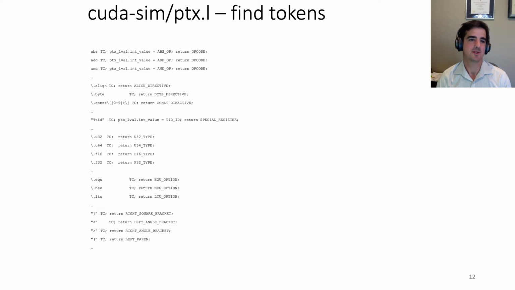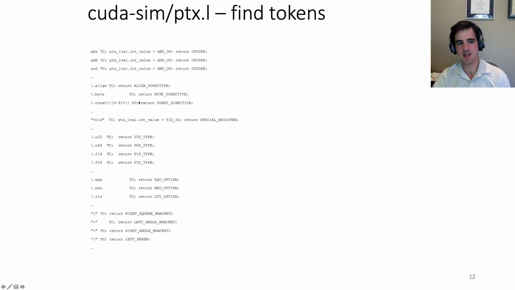The purpose of this is to essentially find tokens. These are the tokens inside the code that represent each of the different mnemonics for different types of instructions. And then we have a series of commands afterwards that say what to do with that particular token.